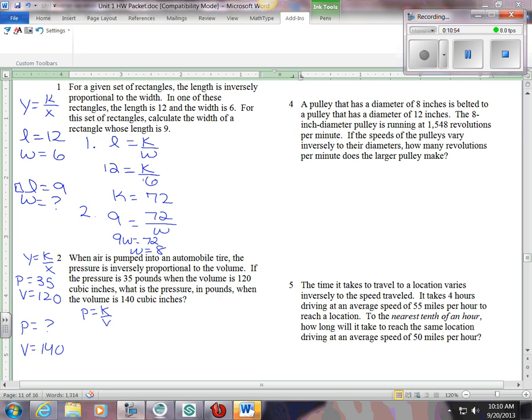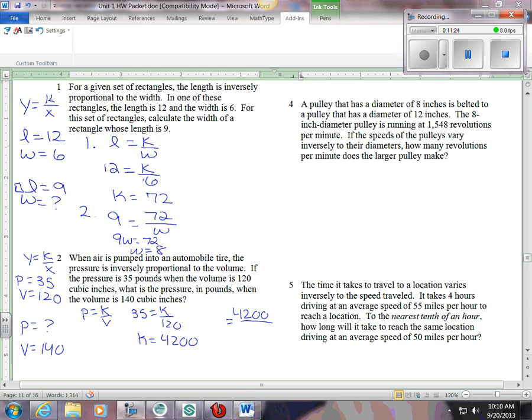Yeah. So I have 35 equals K over 120. Good. Tell me what you get for K, please. 4,200. Okay. What do I do with that K? Okay, I'm going to use it. What else is known?